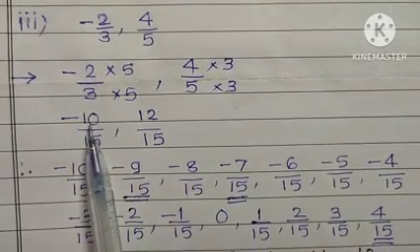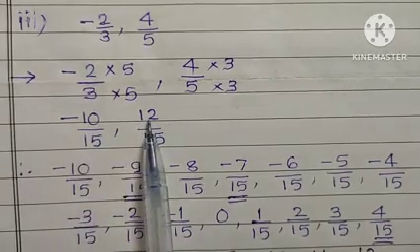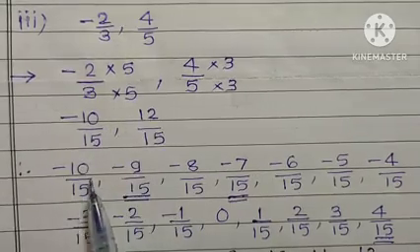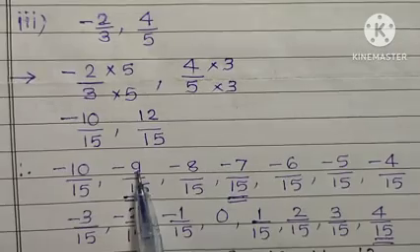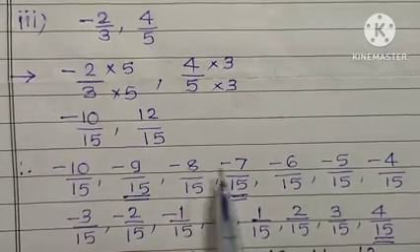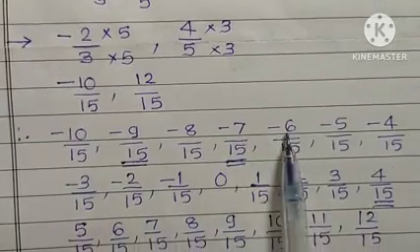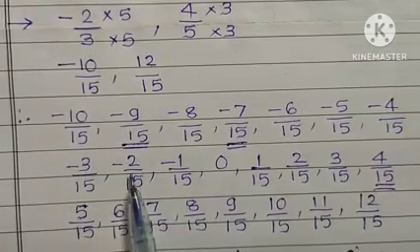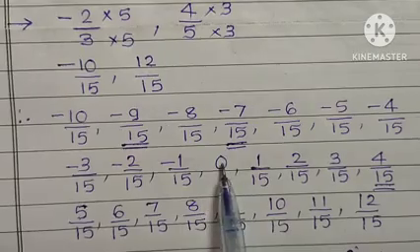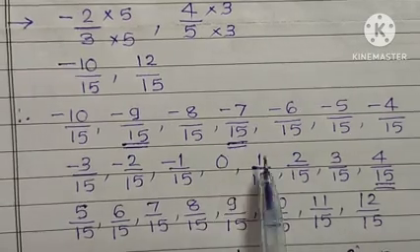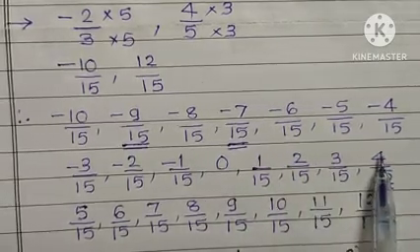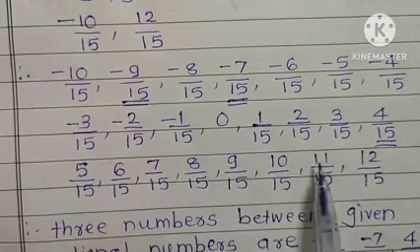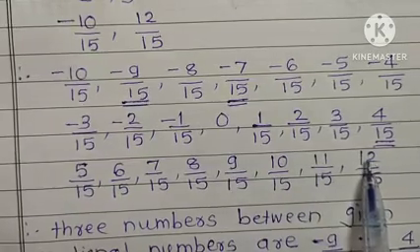Now from minus 10 to 12, that means go on increasing. So minus 10, minus 9, minus 8, minus 7, minus 6, minus 5, minus 4, minus 3, minus 2, minus 1, 0. Now go on increasing: 1, 2, 3, 4, 5, 6, 7, 8, 9, 10, 11 and 12.